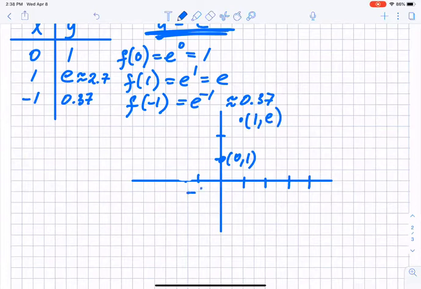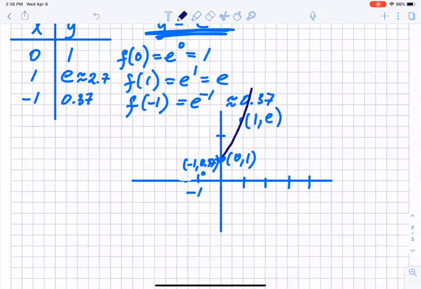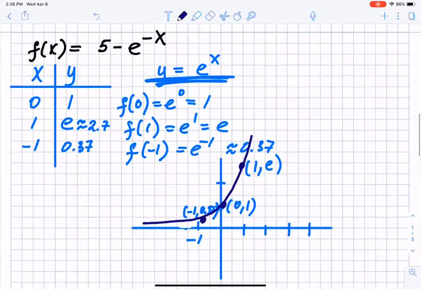Then we have -1 and 0.37, so it's somewhere here. So we have this one with three points. Okay, next step, let's take care of this part.